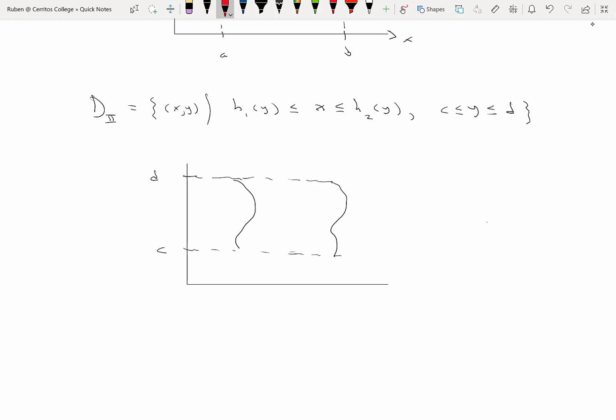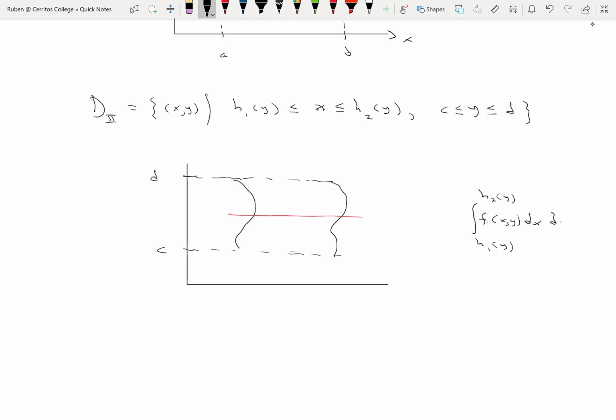If you do the line through the region thing, then as we integrate the function f of xy in the x direction, that is dx, the red line first hits the region at h1 of y and leaves the region at h2 of y.